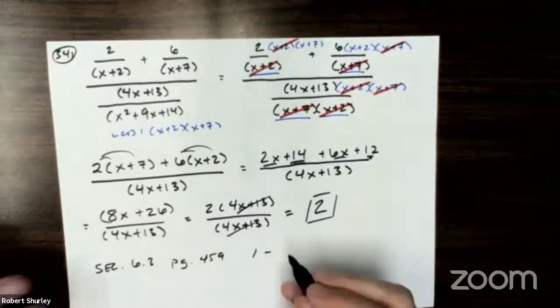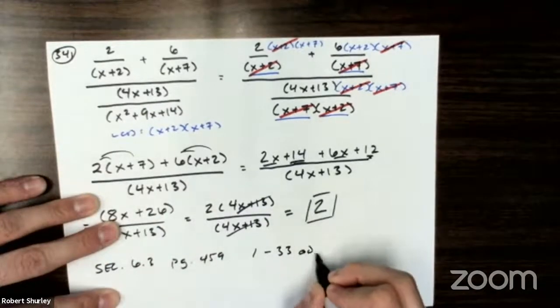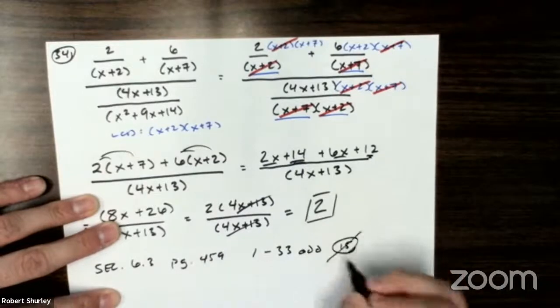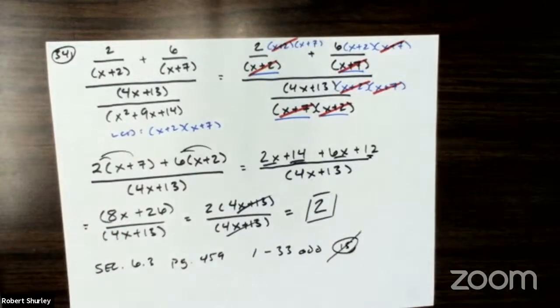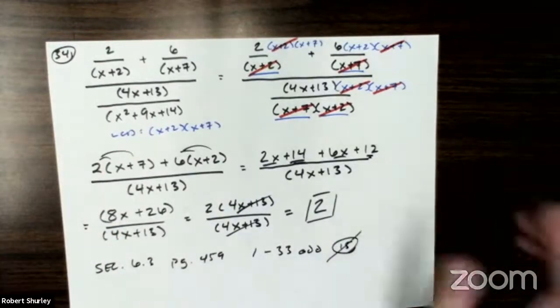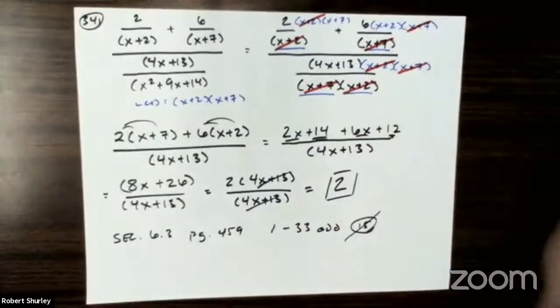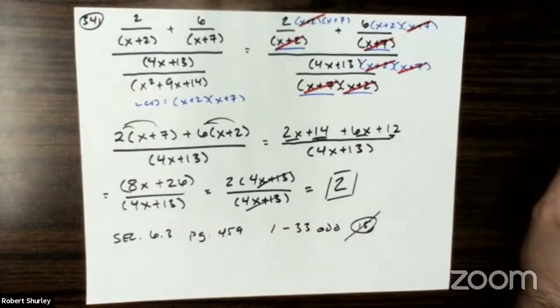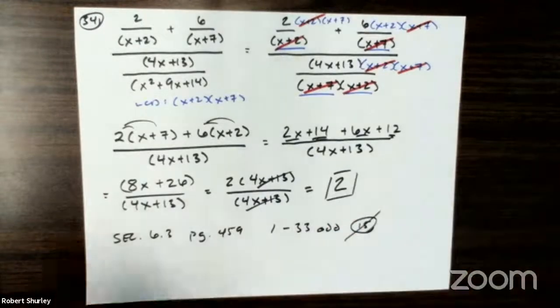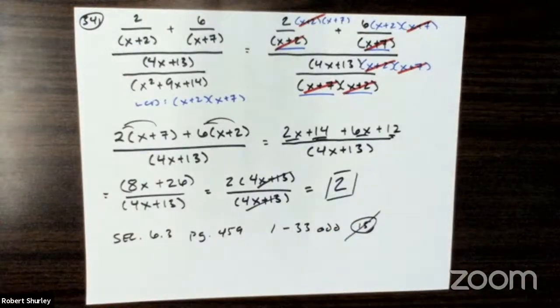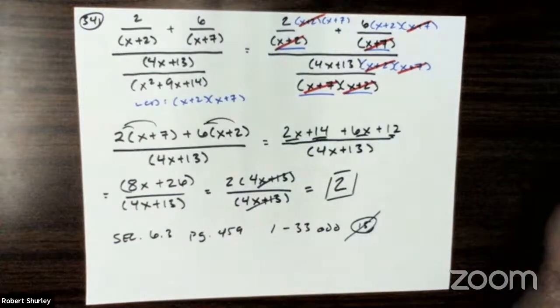Yeah, so 1 through 33 odd minus 15, okay? Don't do 15. It's a goofy factoring that we didn't go over. So 1 through 33 odd, it's not that many, right? It's about 15 questions. But some of them take this long, some of them are much quicker. The stuff at the beginning really is a lot quicker.